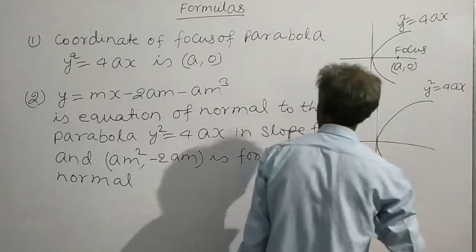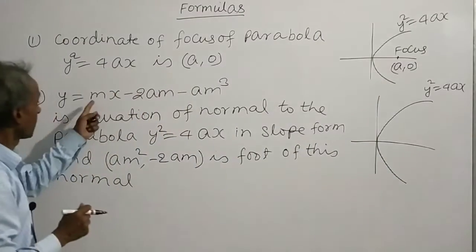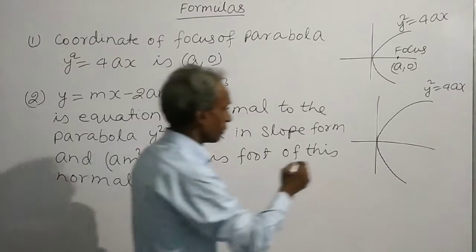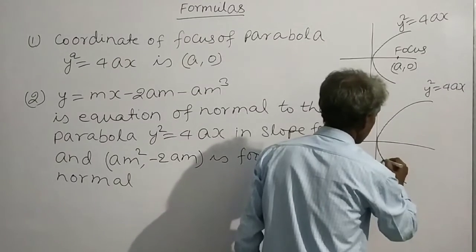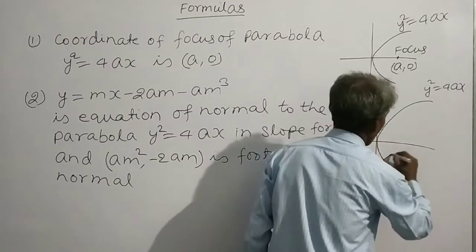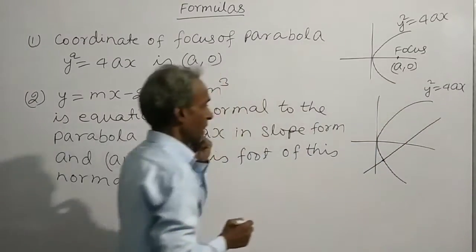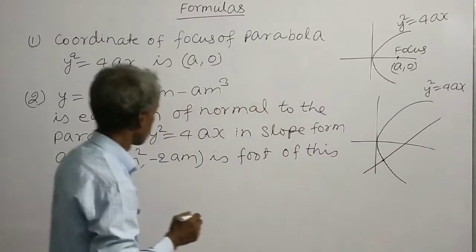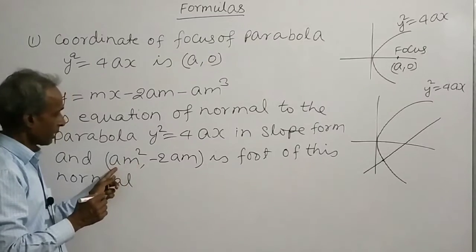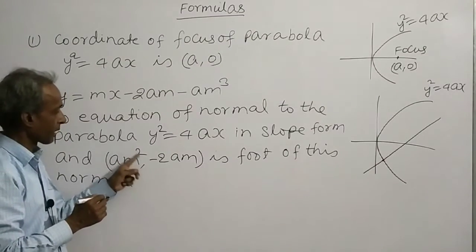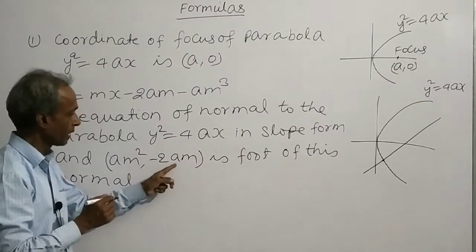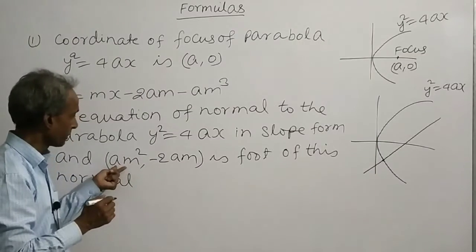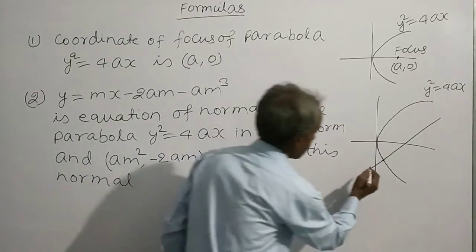If we put 1 in place of m, we get a normal of this parabola, and the foot of this normal will be a times 1 square minus 2a times 1, that means (a, minus 2a).